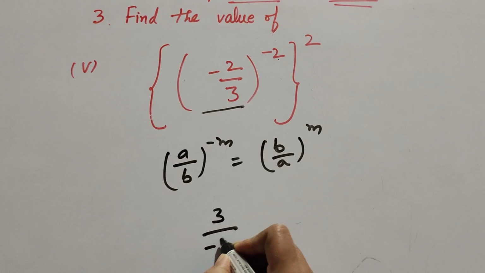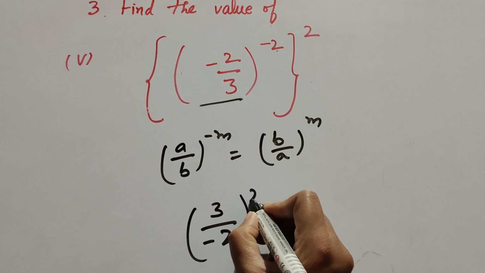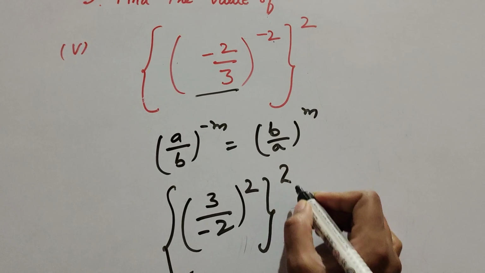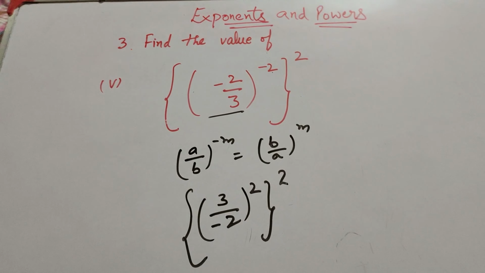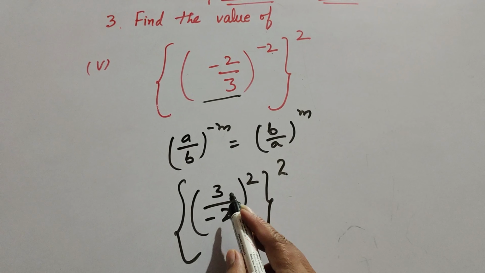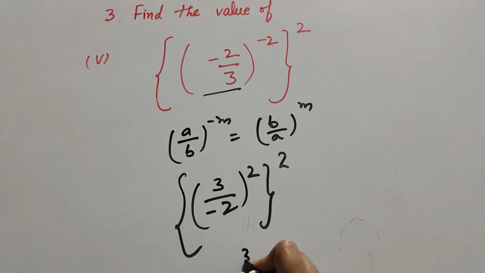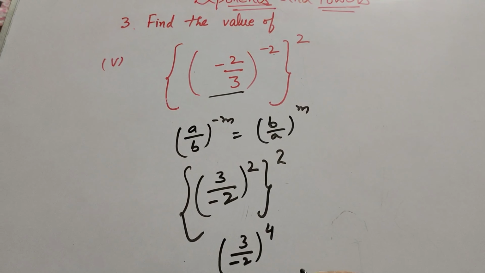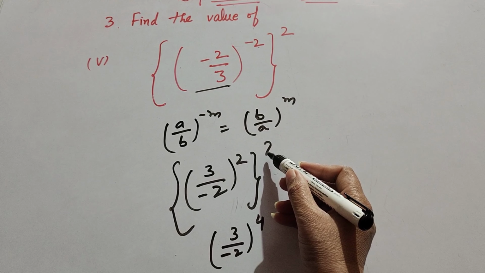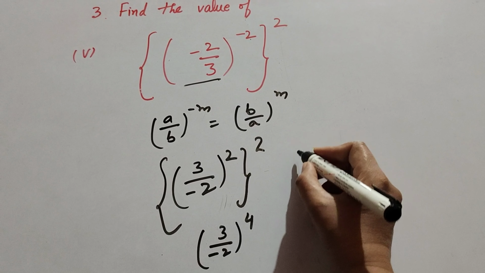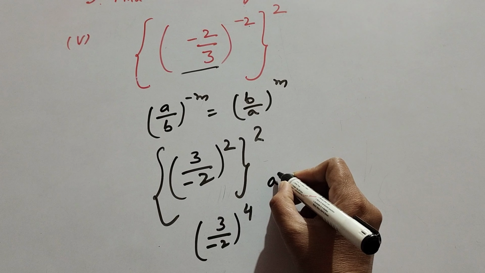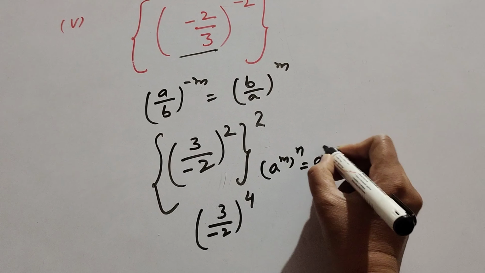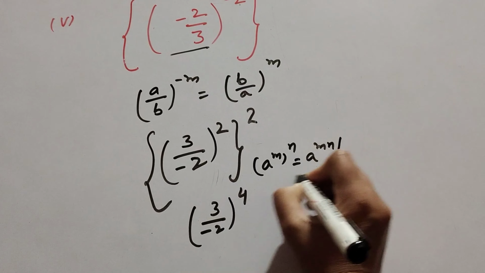So it is (3 over minus 2) raised to power 2 and whole raised to power 2. (3 over minus 2) raised to power 4. So now we multiply the powers. 2 multiplied by 2, 4, and we use the law of exponents (a raised to power m) raised to power n equal to a raised to power mn.